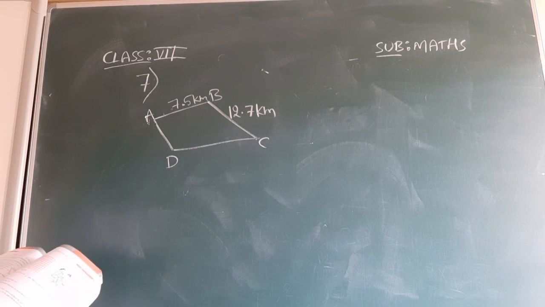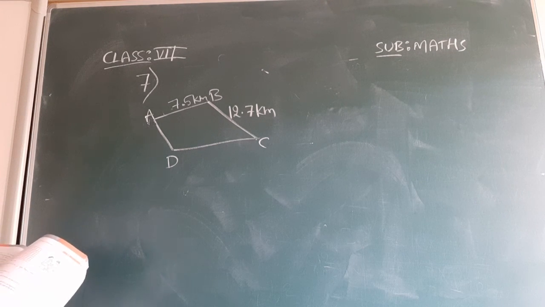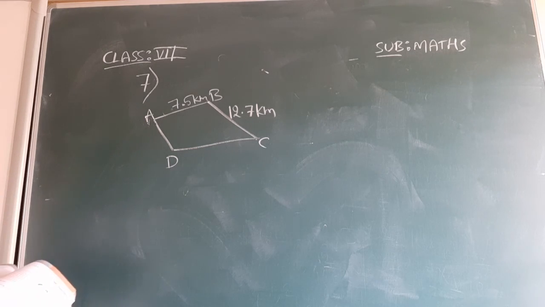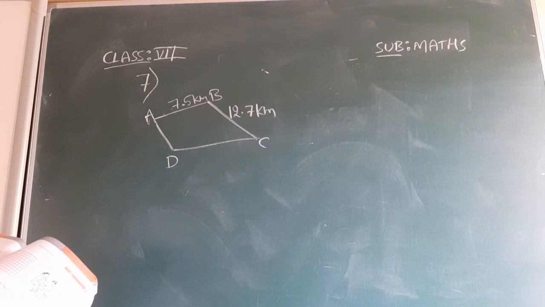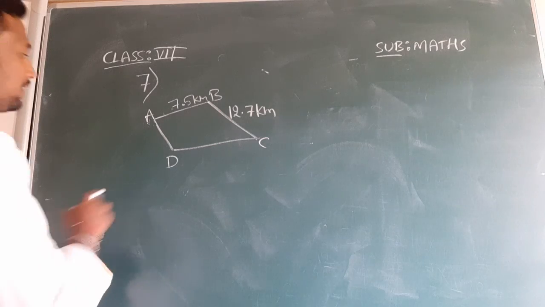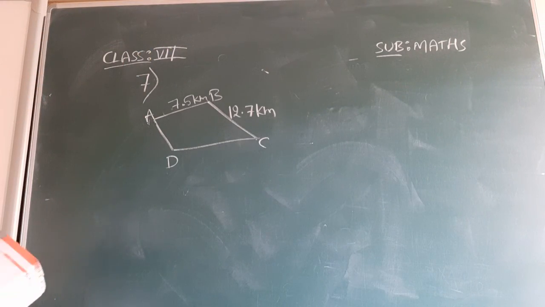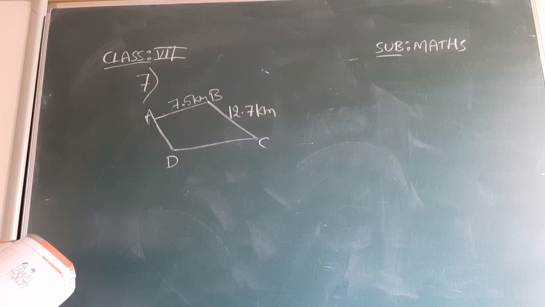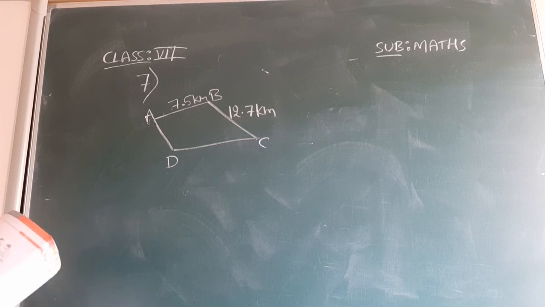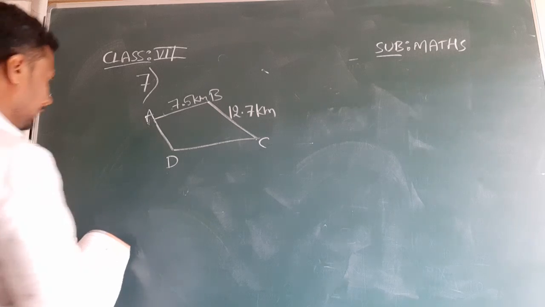And another person, Ayub, went from place A only, and he went from place A to place D and from there to place C. Okay.